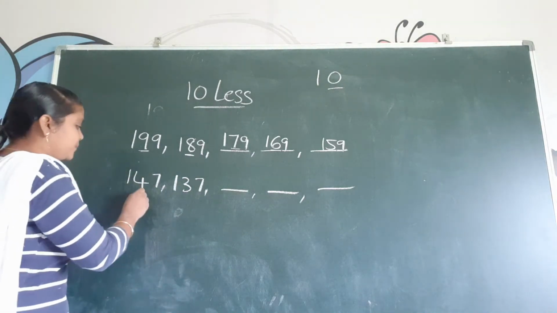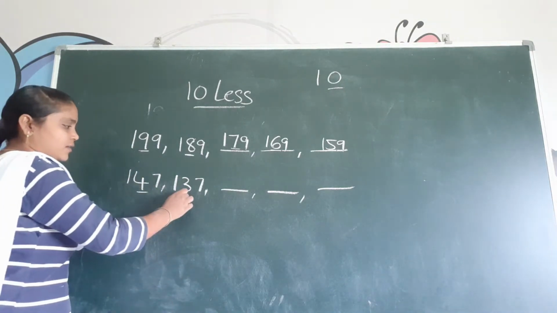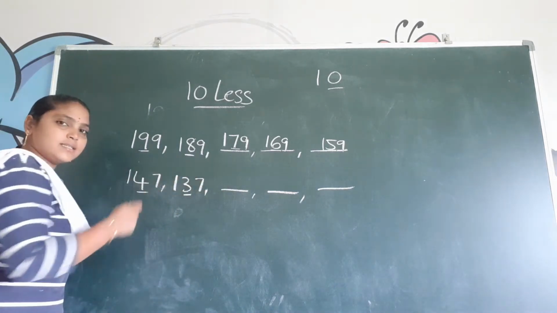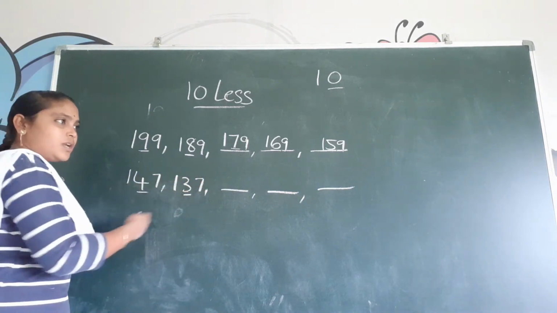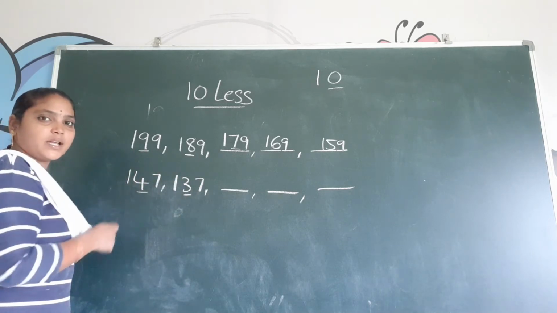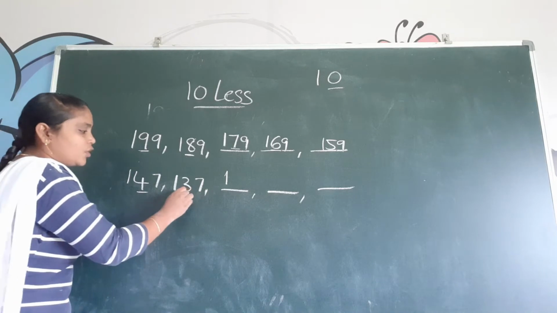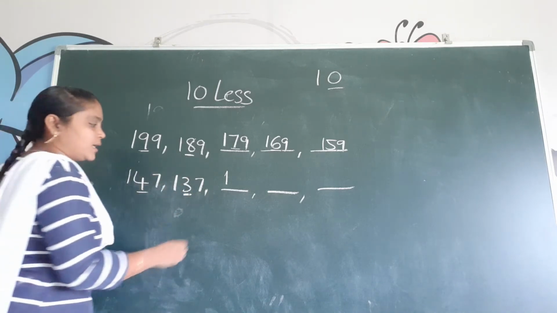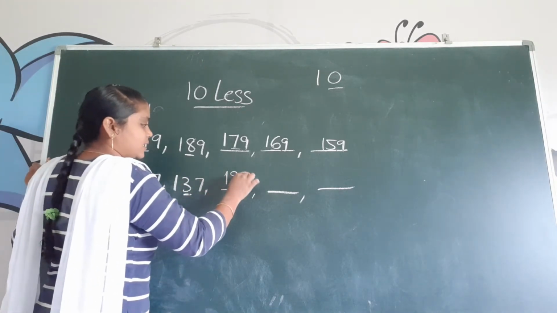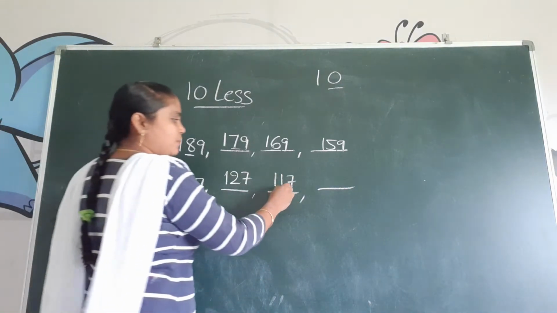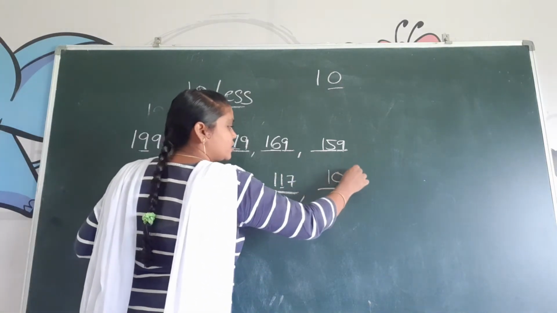So now write 147 and 137. What is the 10 less number of 137, children? 127. So you just have to subtract 1 from the tens place. 127, then again subtract 1, 117, 107.